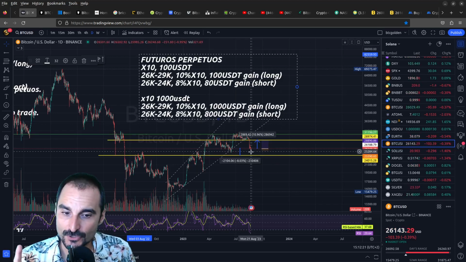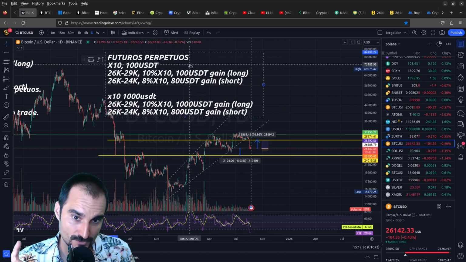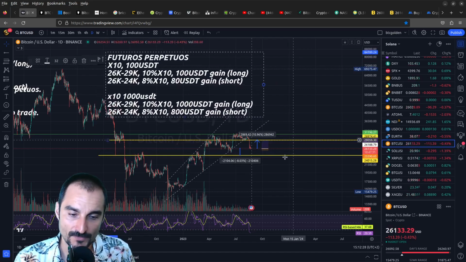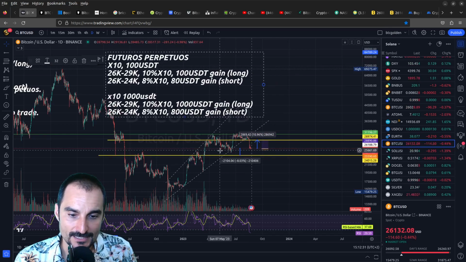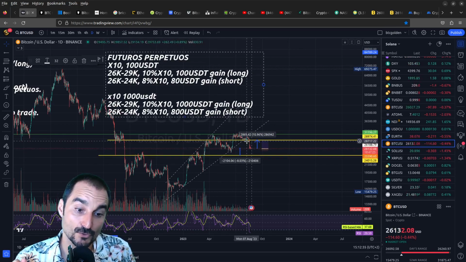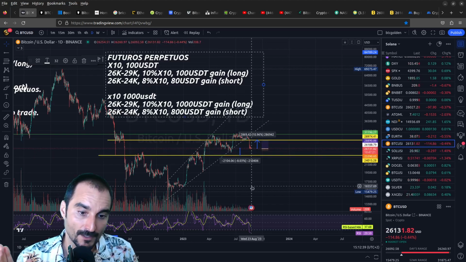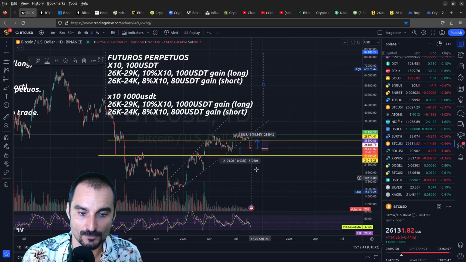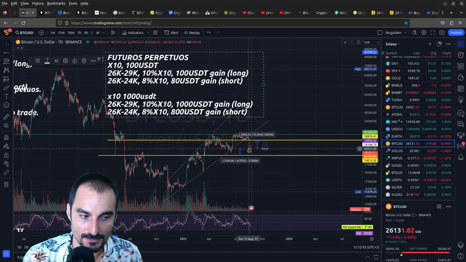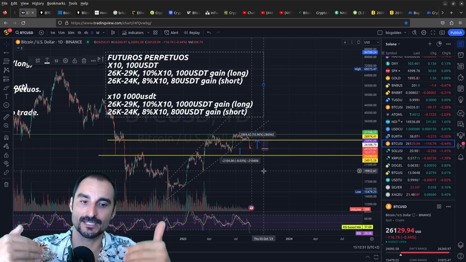Very well, this is on the condition that the market does what we believe, and obviously that is not always the case. What would happen if in spot the price, instead of going up, which is what we expected, went down? What would happen is that we would have bought Bitcoins here with $1,000 at 26,000, and the Bitcoin price would go down. Therefore, in quotes, we would lose money on paper, but we would still have Bitcoins.